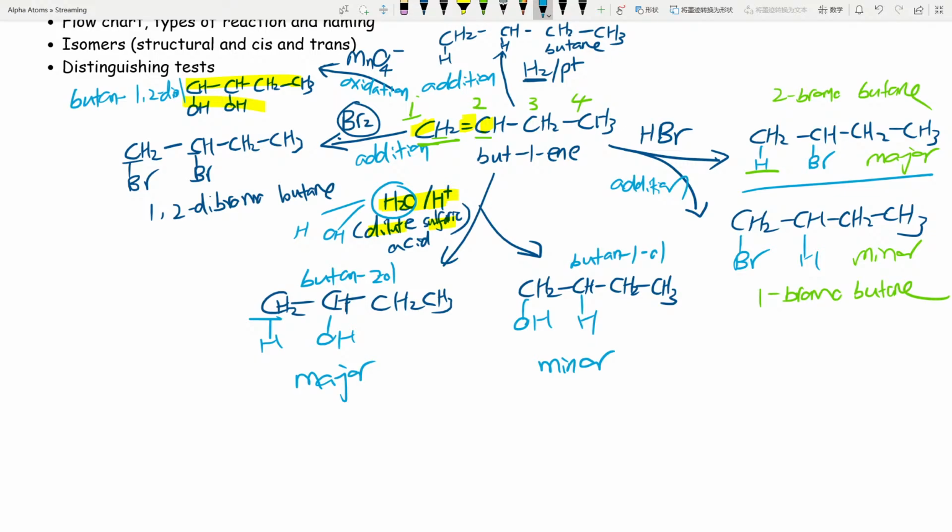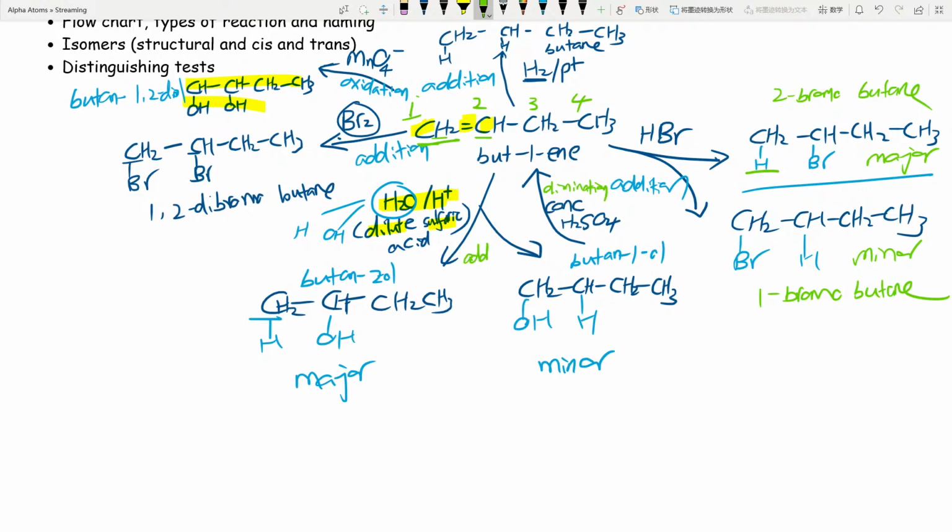Now we are going to struggle fitting everything in, but if I want to turn butan-1-ol back, if I want to make it go backwards, remember when we went the other way, we used dilute H2SO4, and on this side we're going to use concentrated H2SO4. So that initiates an elimination reaction. All of these are still addition reactions.